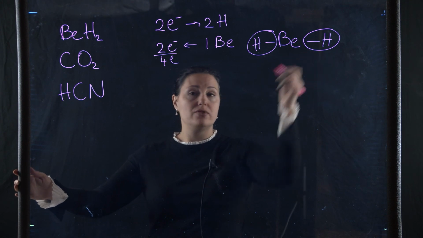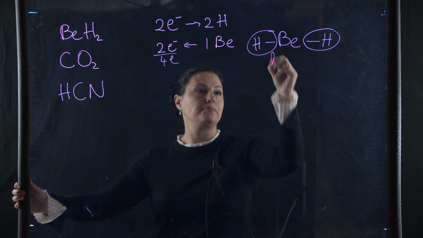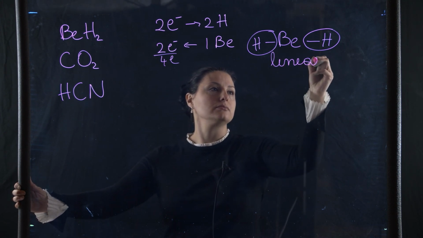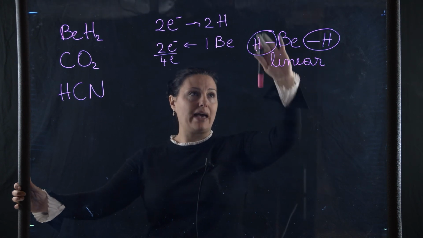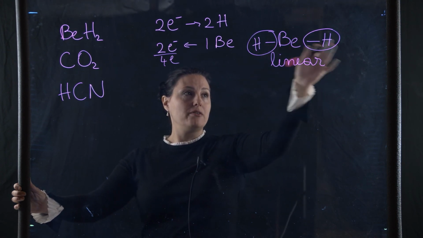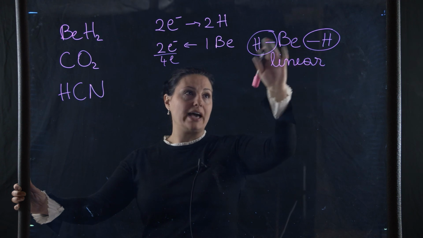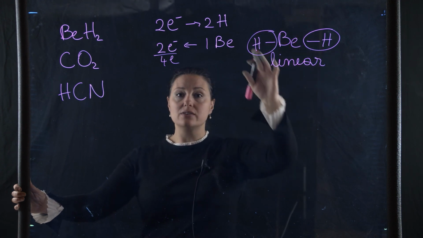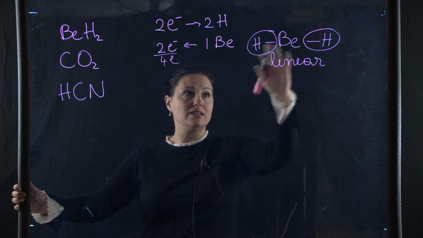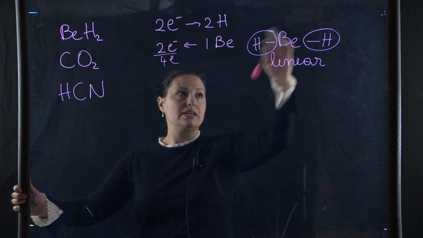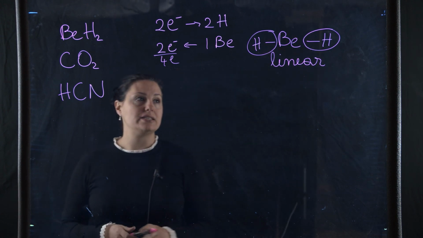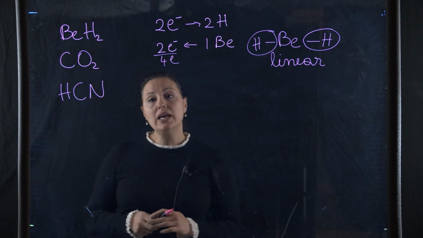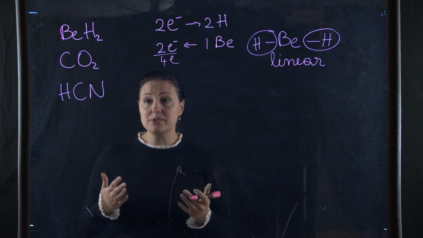The shape of this molecule has to be linear because that is how I maximize how far away they are spaced. I have 360 degrees around this atom and I divide it by 2. That means each angle has to be 180 degrees. It's a linear molecule.